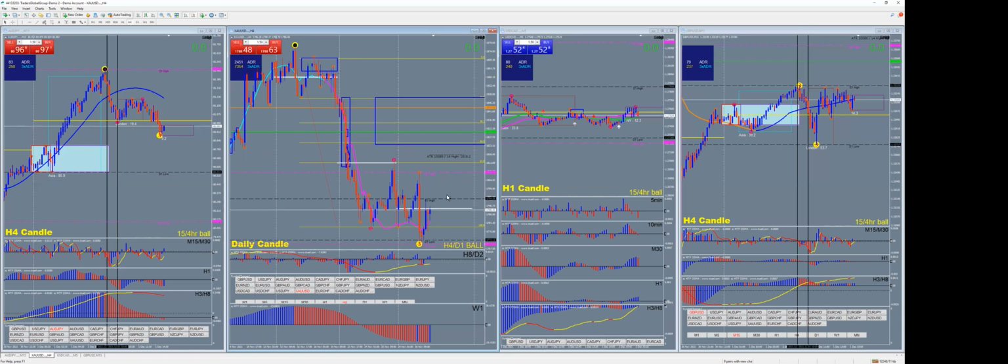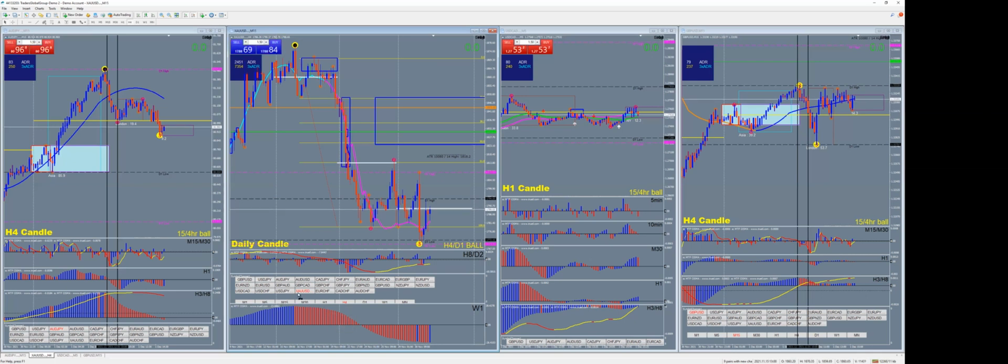All right, gold looks like a long play. We have a 3-ball, and it's in some kind of consolidation mode. As you can see, you have a 4-hour up, 4-hour down, and now you have a 4-hour trying to go up. It is aligned, in sync with the weekly, H8 and D2.